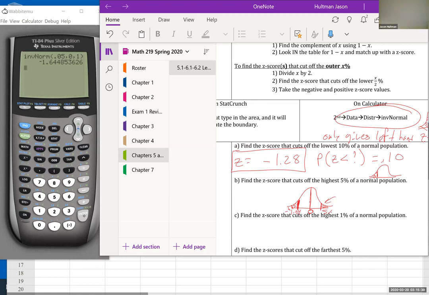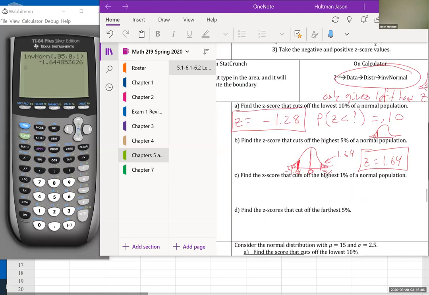Wouldn't it be positive 1.64? Yeah, so we just calculate the negative z-score and we just make it positive. So z is equal to 1.64 if we're looking for the right-hand tail. If we're looking for the left-hand tail, then it's just the negative value.